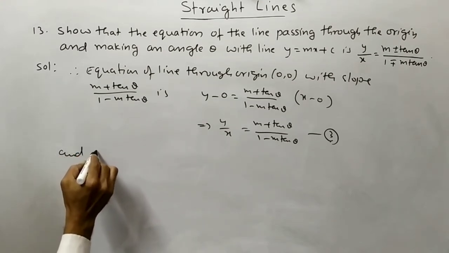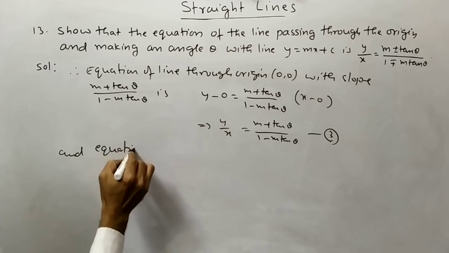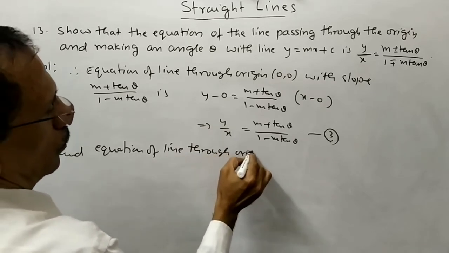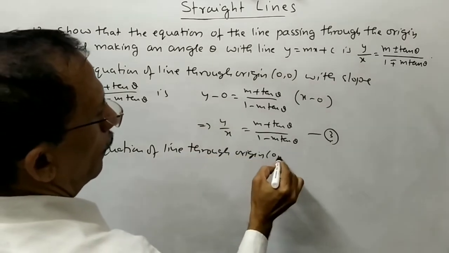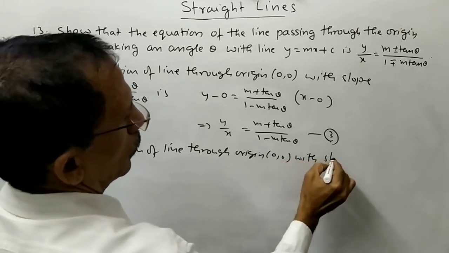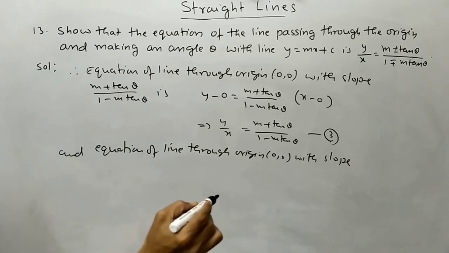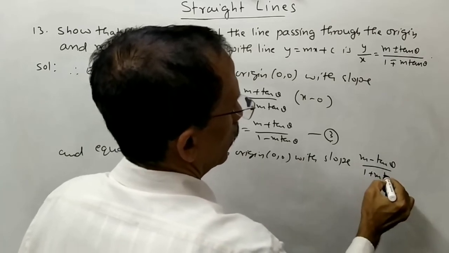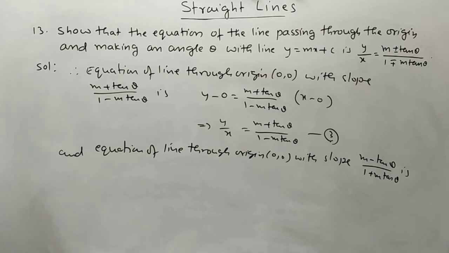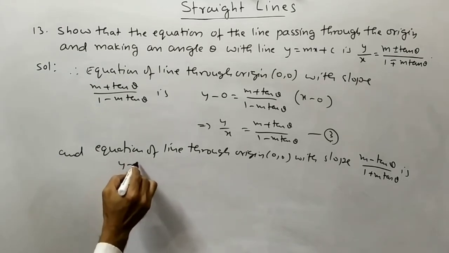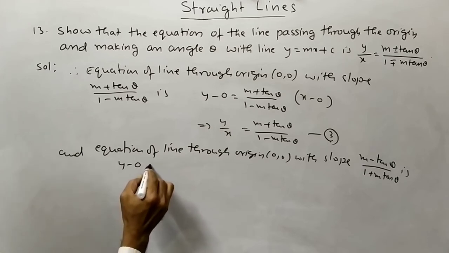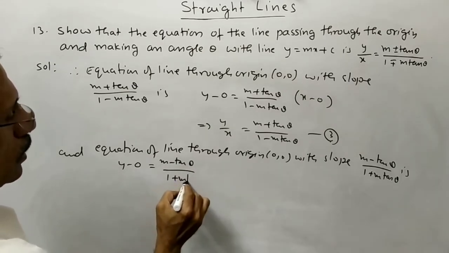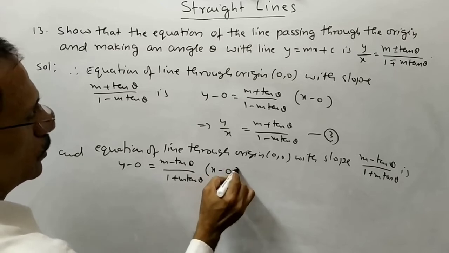And equation of line through origin with slope (m minus tan theta) divided by (1 plus m tan theta) is y minus 0 is equal to (m minus tan theta) divided by (1 plus m tan theta) into (x minus 0).